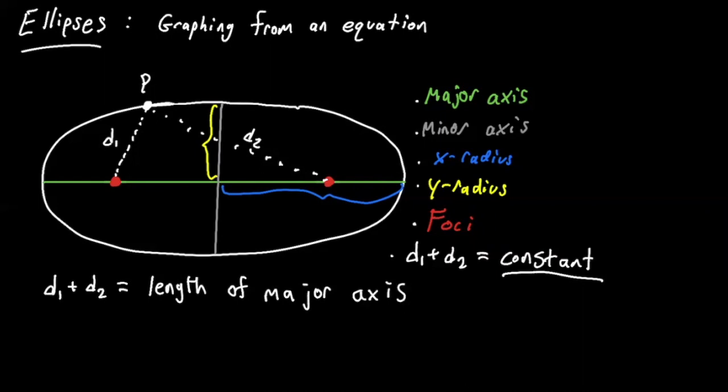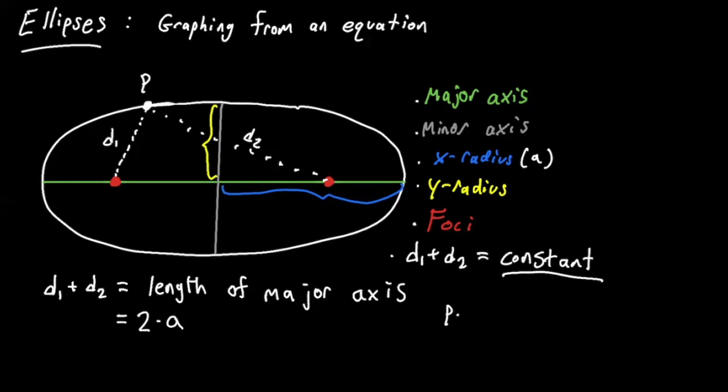And so in this case, because we have a horizontal ellipse, it's going to be equal to the length of the axis in the horizontal direction. And we know that the x radius is 1/2 of that. So it's going to equal 2 times the x radius. If we called the x radius a, it would be 2 times a. So not only do we have a constant sum of distances, but that sum of distances is equal to the length of our major axis.